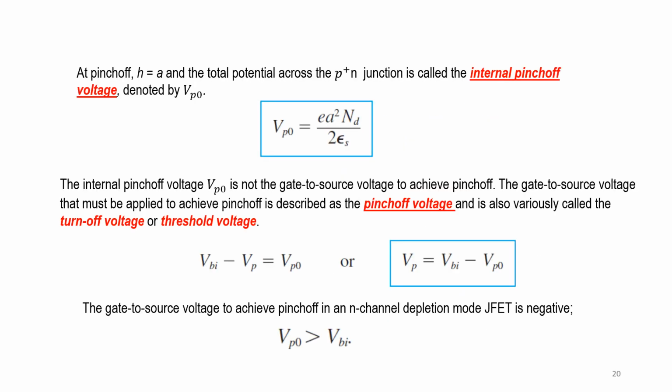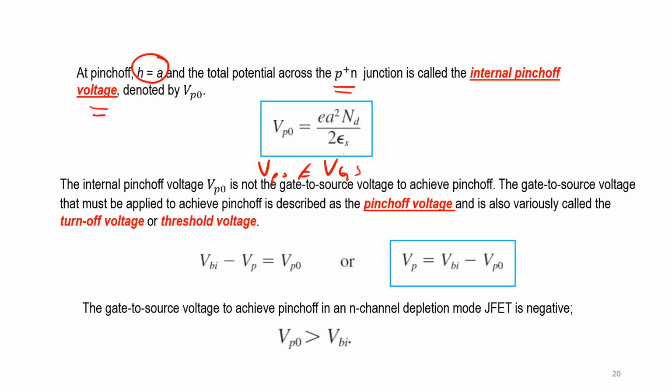Now at pinch-off, H is equal to 0, and the total potential across the PN junction is called the internal pinch-off voltage, denoted by VPO. So VPO is equal to E times A squared times ND divided by 2 epsilon S. The internal pinch-off voltage VPO is not referred to VGS.